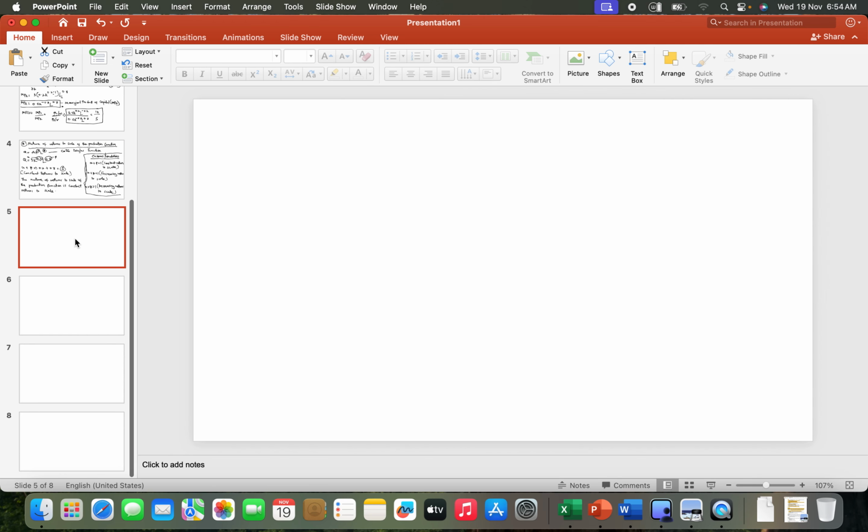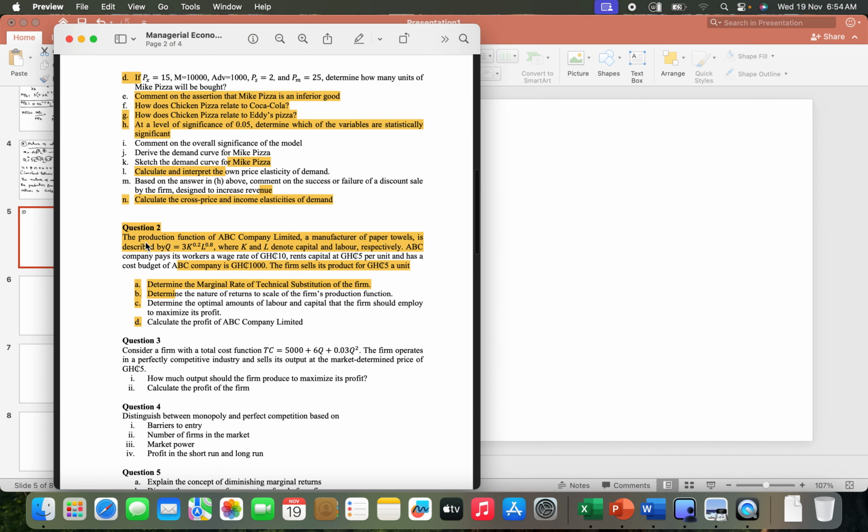Okay, so the C part of the question, let's go and check it up. With the C part of the question, it states that determine the optimal amount of labor and capital that the firm should employ to maximize its profit.